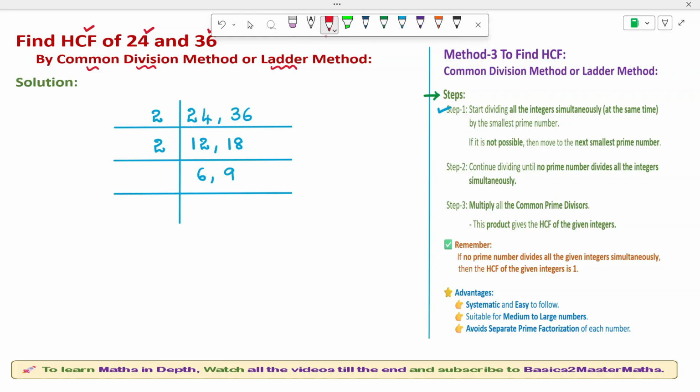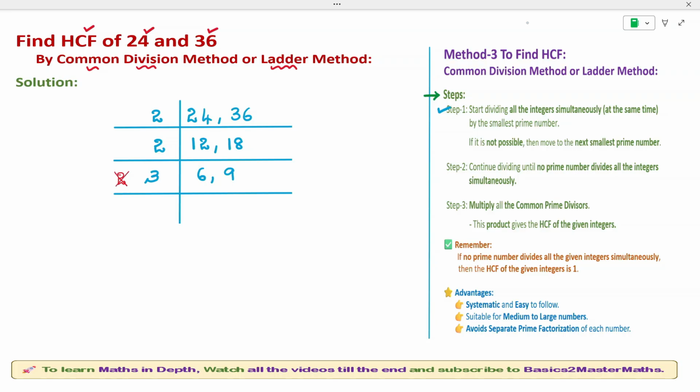Again, start dividing 6 and 9 by the smallest prime 2. Since 2 does not divide both integers 6 and 9 exactly, we move to the next smallest prime 3.